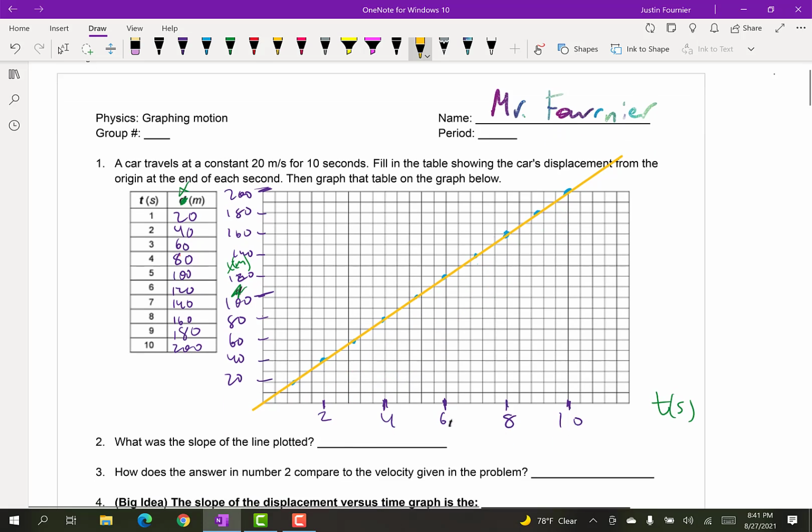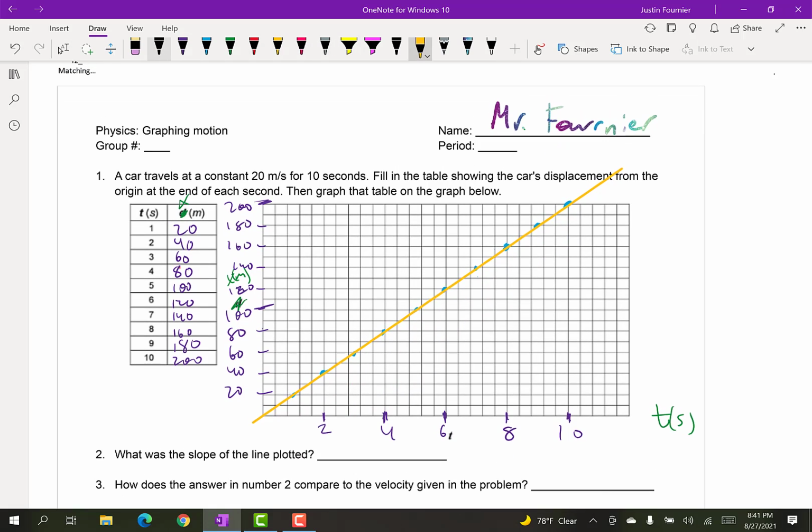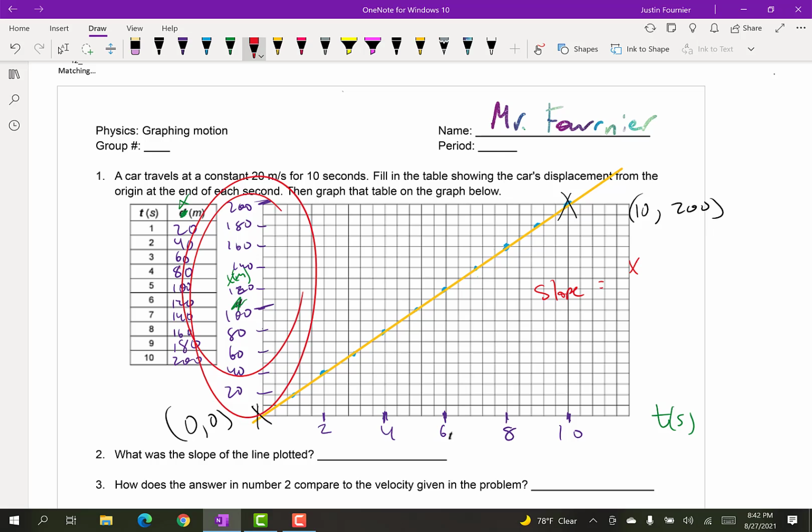The next thing they ask is for me to calculate the slope. I'll use the point 0, 0, and then I'll pick this point right here. Even though it's a decimal point, I know I've been harping on that, but this is an ideal situation. So at 10 seconds, it's 200. To calculate the slope of anything, it's rise over run, so here it's the change in position: x2 minus x1 divided by t2 minus t1.